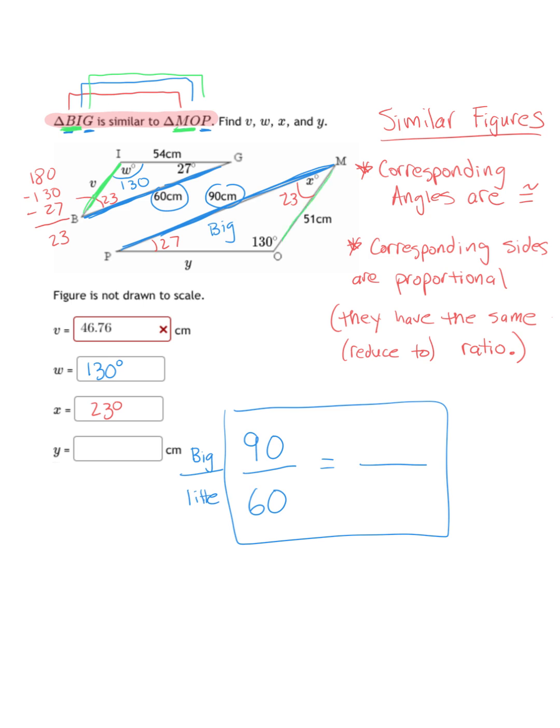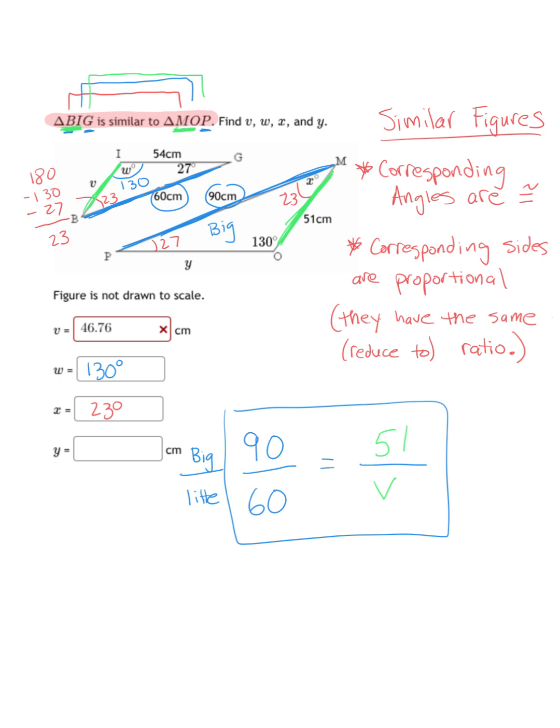I'm going to highlight that in green. So there's another pair of corresponding sides. V, this side, corresponds with 51. Now I'm going big to small. So that means 51 has to be on the top, and V has to be on the bottom. Now I'm ready to cross multiply to solve for this side length.